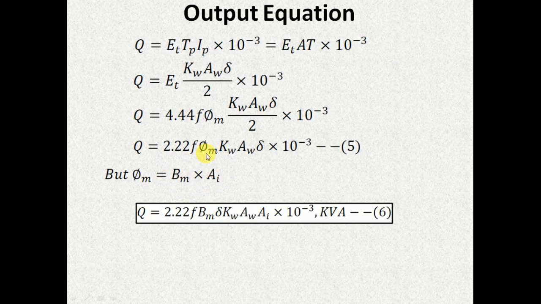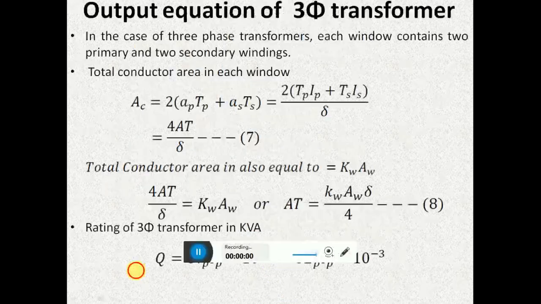So instead of phi m, you have to make the substitution Bm into Ai. Then you will get the final output relation of the single phase transformer as 2.22 F Bm del kW AW Ai into 10 raised to minus 3 kVA. All of you must learn this relation by heart, then only you will be able to handle the associated problems.